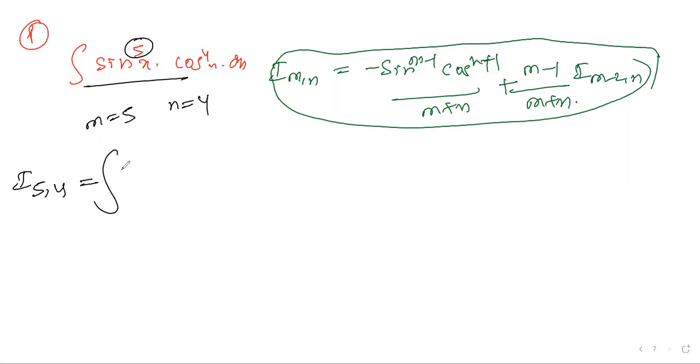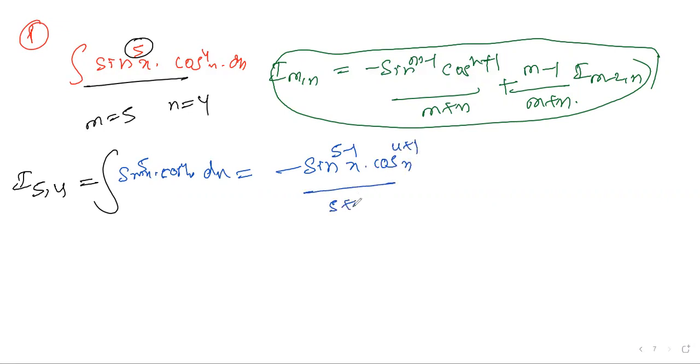The integration of sine power 5x cos power 4x dx is equal to minus sine power m minus 1, so 5 minus 1x, cos power 4 plus 1x by 5 plus 4, plus 5 minus 1 by 5 plus 4 into I 5 minus 2 comma 4.